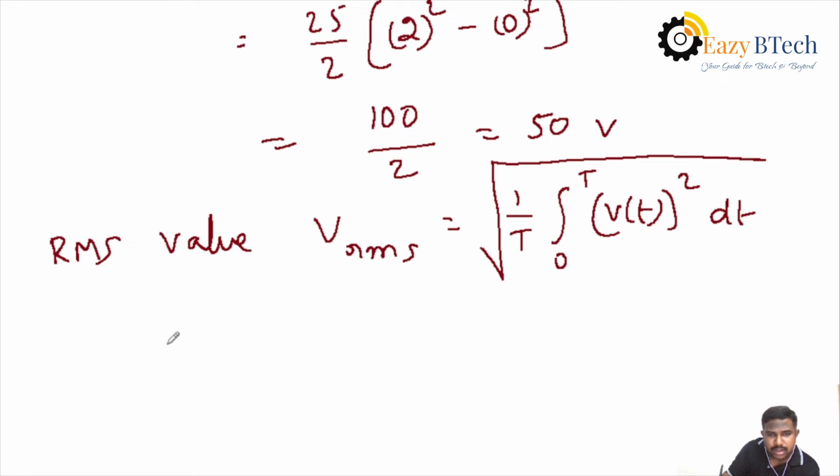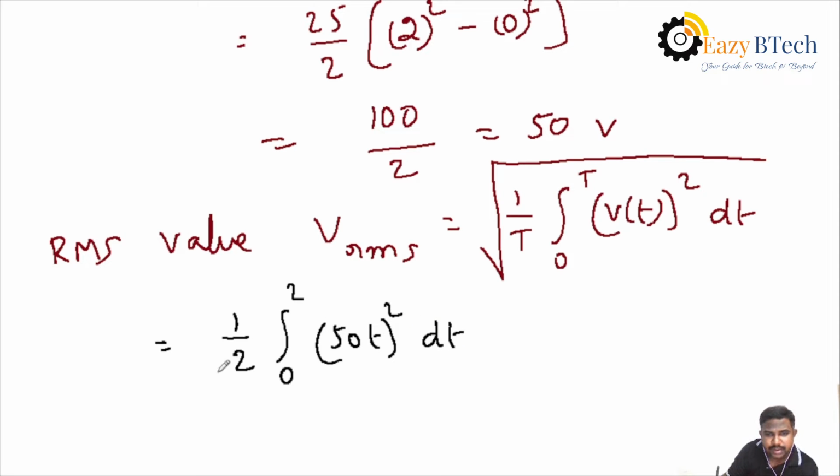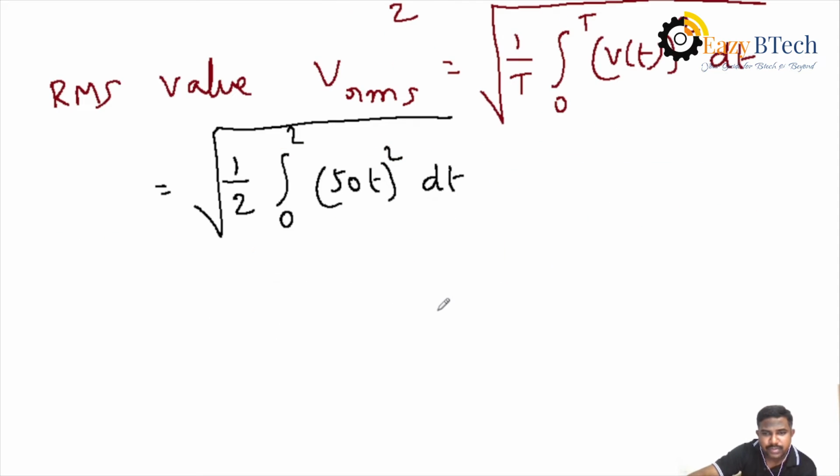Apply the values here: T is 2, the limits are 0 to 2, and v of t is 50 t, whole square, dt, all under the square root. Then 50 square by 2 is constant. Then for t square, what is the integration?